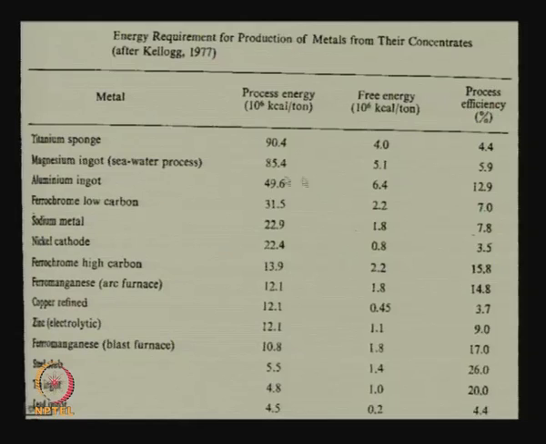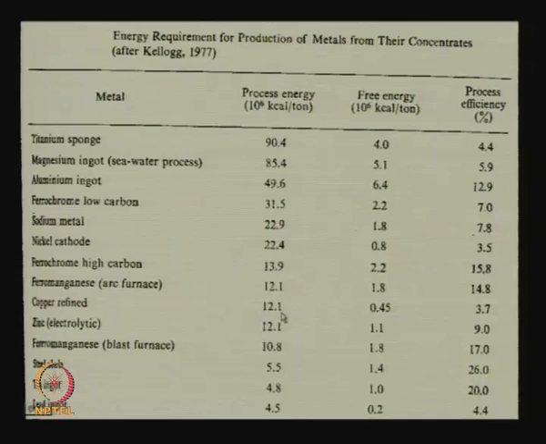Similarly, for magnesium, almost 16 times, aluminum ingot, see process energy and theoretical energy that should decompose the mineral. Look at ferrochrome low carbon, sodium metal, nickel cathode, ferrochrome high carbon, ferromanganese arc furnace, copper refined.